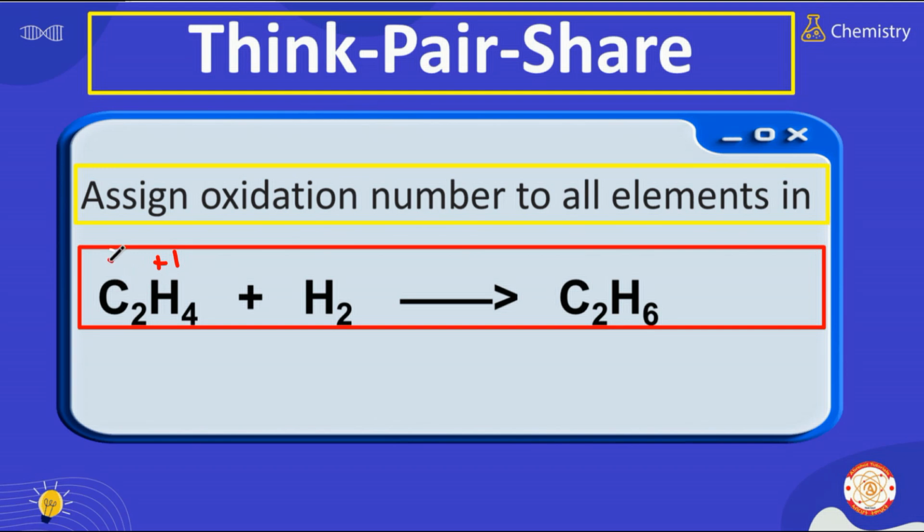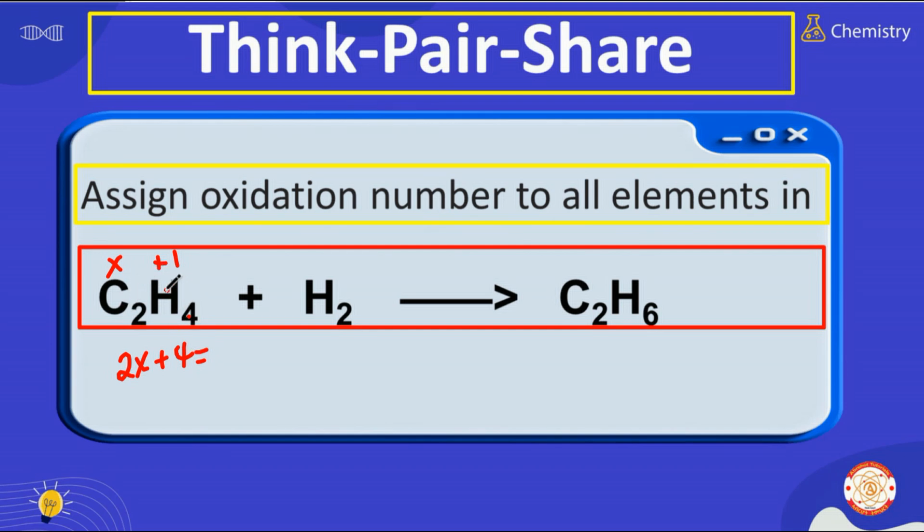So I'm going to assign the oxidation number of carbon X. By applying the rules that we have learned, I'm going to multiply 2 by x, 2x, right? Plus 4 times +1 is 4. And this should be equal to what?